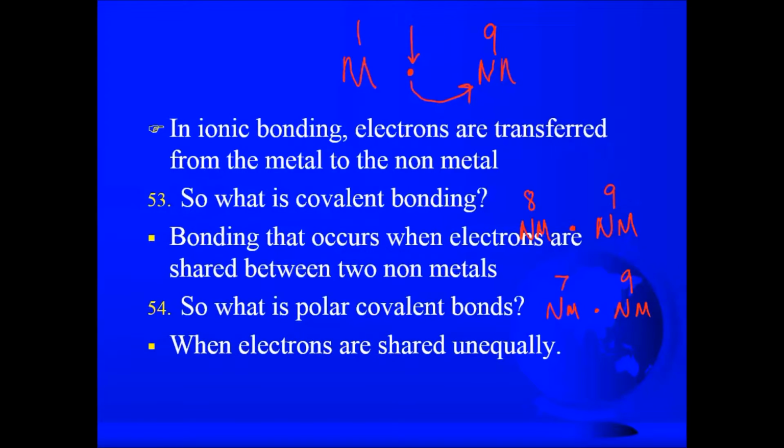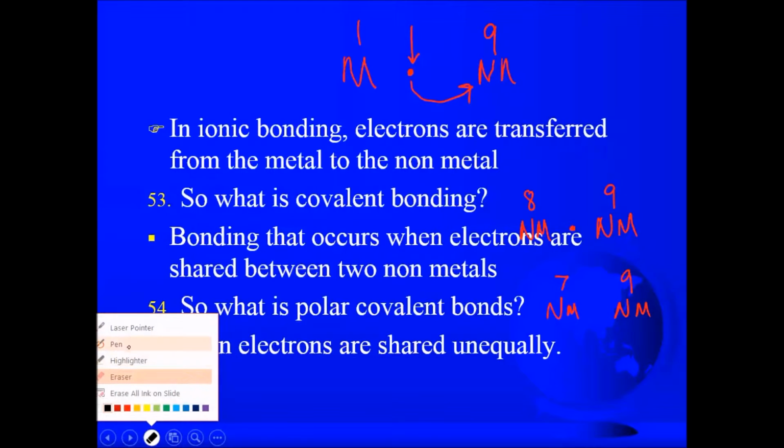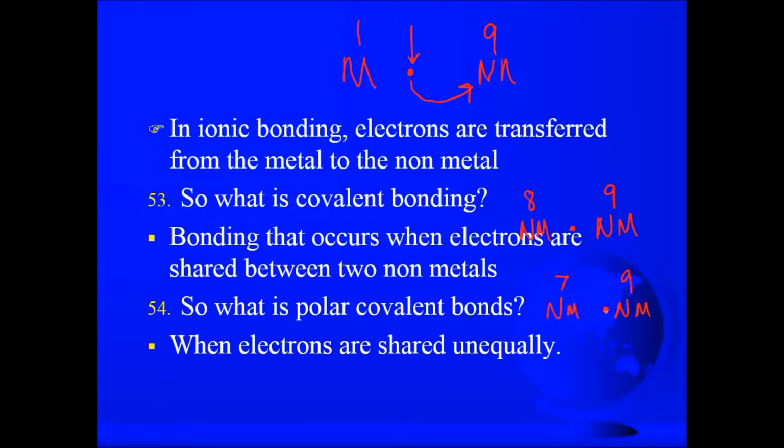So what we find is unequal sharing. And if you think of Ben being an electron, electrons are negative. So what we find is that since Ben is spending more time around Haley, you get a negative side and a positive side.